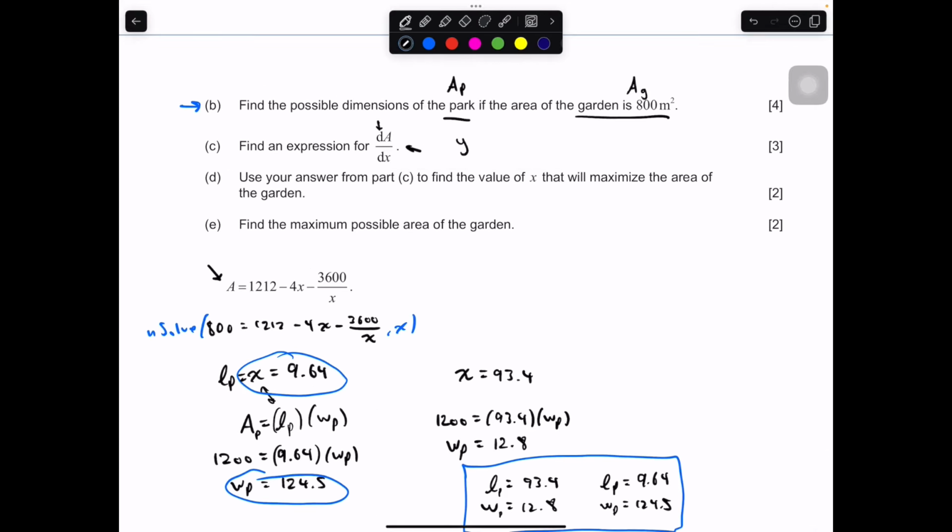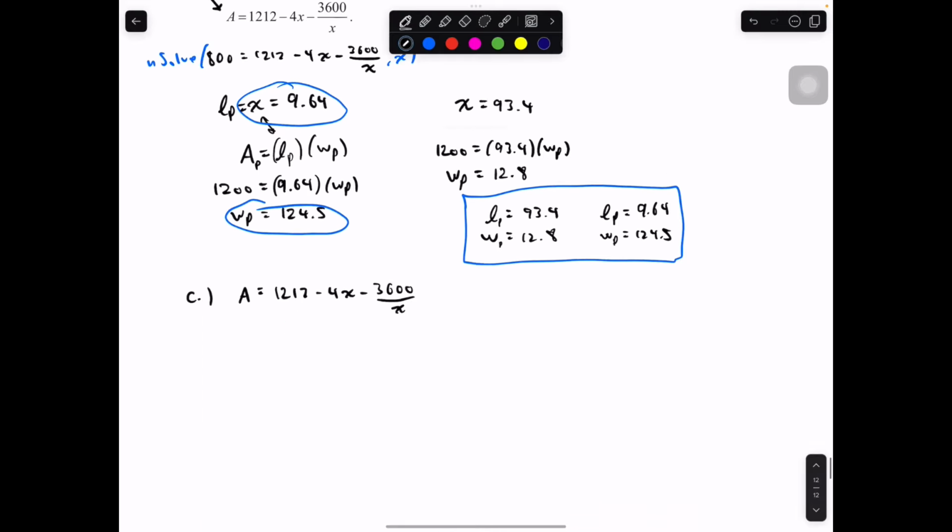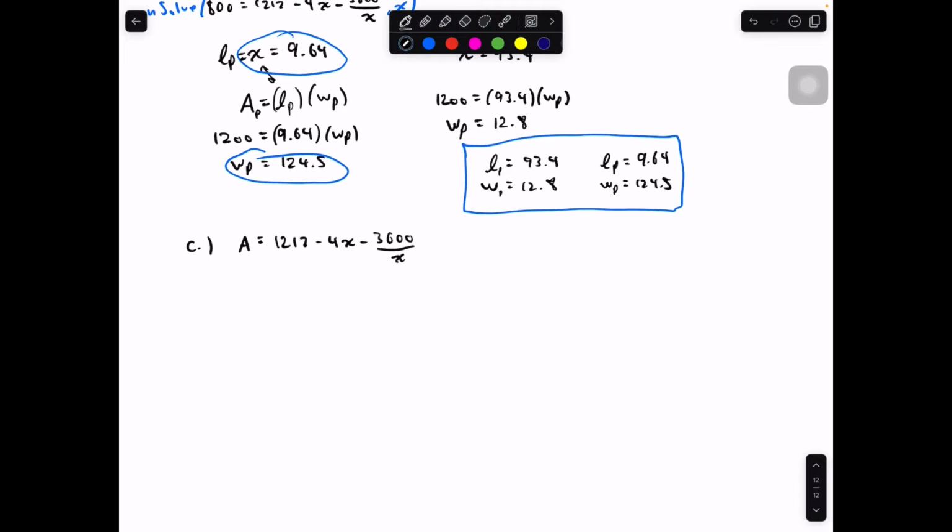This is like if you have y is equal to, let's say, 5x squared plus 3, and they're asking you to find y prime, which is equivalent to dy dx. They're asking you to find the derivative. So let's go ahead and find dA dx, which we could also call A prime.